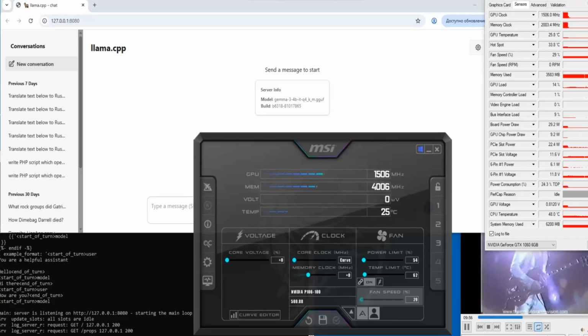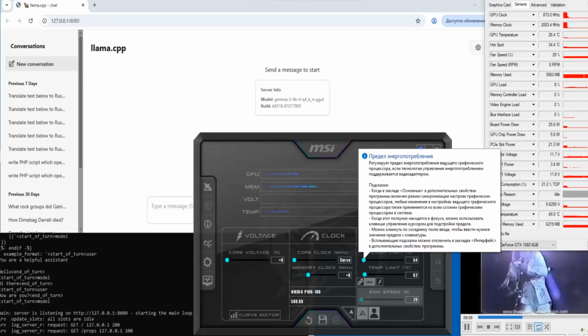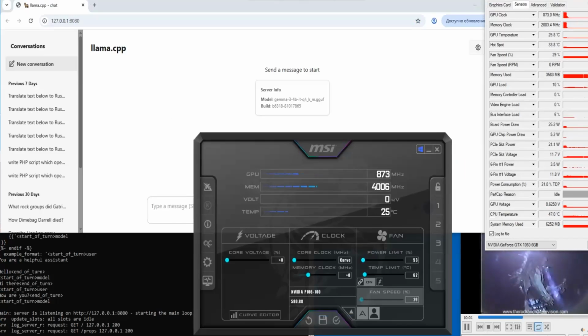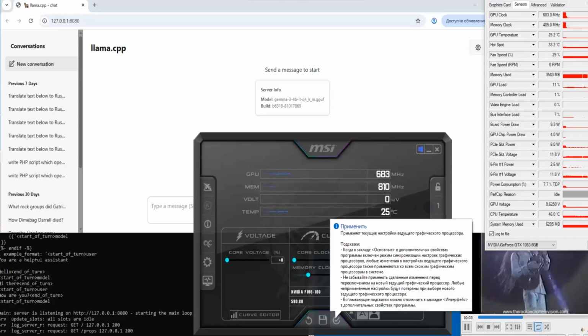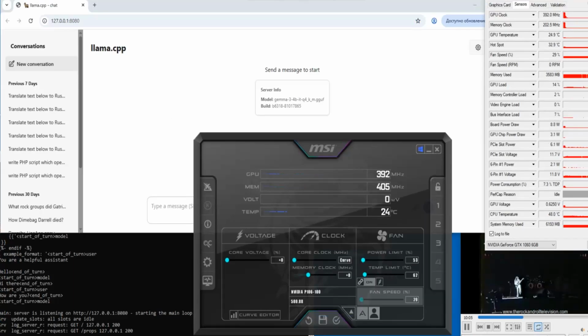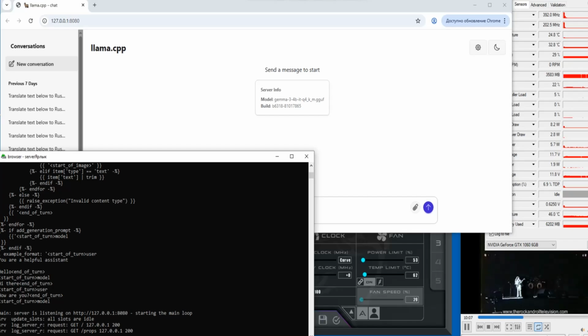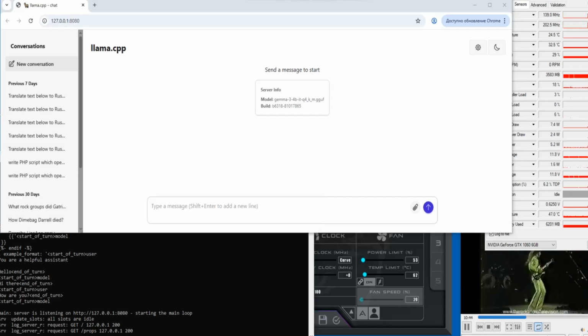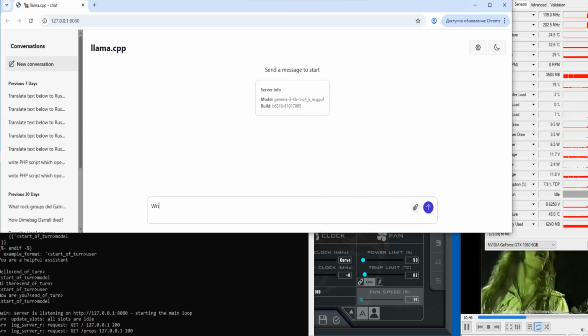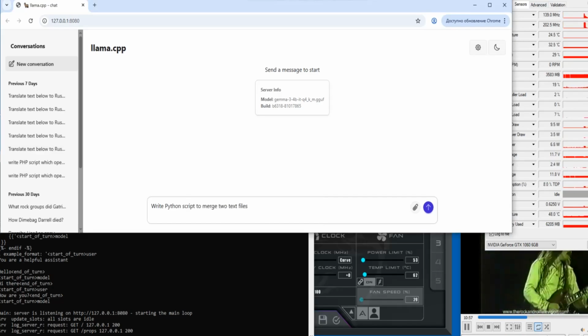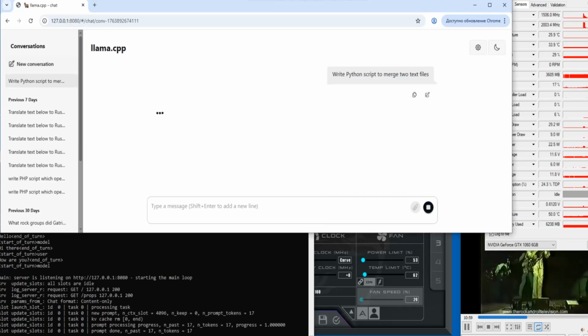The first model is Gemma 3 4B. Through MSI Afterburner we switch the video accelerator into power limit mode, 15%, and launch the model. The quantization of the model is Q4K. Let's try the first request and see how many tokens per second our model will give at such a limit.